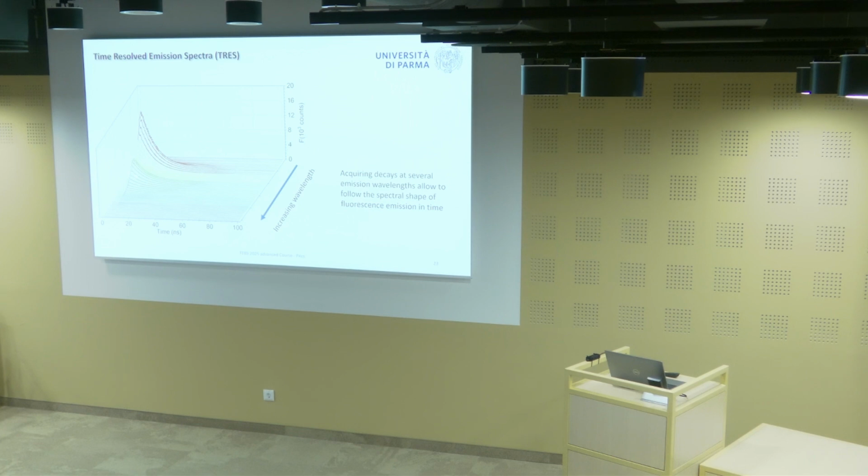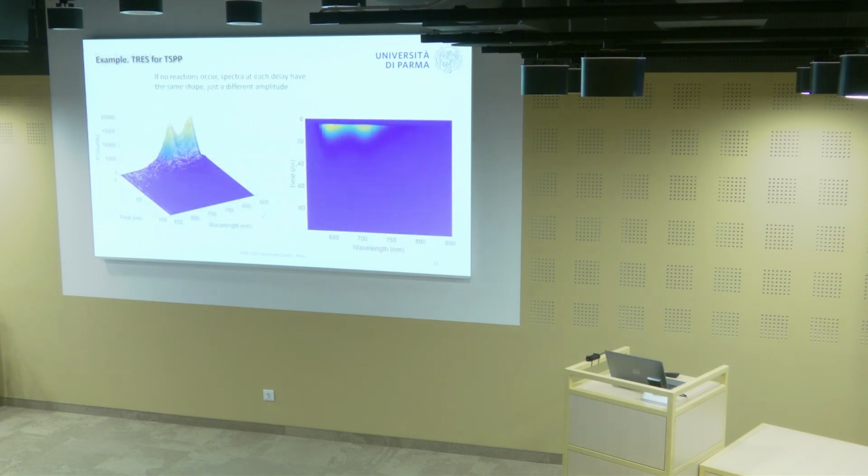That means you collect the traces, the kinetics we saw before, at a number of emission wavelengths. Here, for instance, it is scanned between 500 and something and 800 and something. You see that they change because you have stronger emission where the probability of emission is higher, weaker emission where the probability is lower. And if you correct your spectrum for the spectral sensitivity, this is what you get.